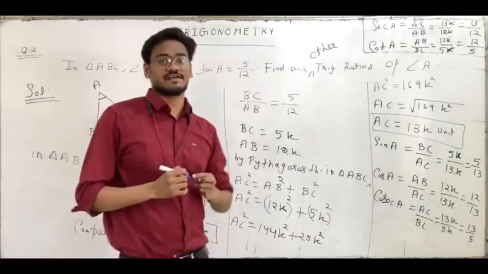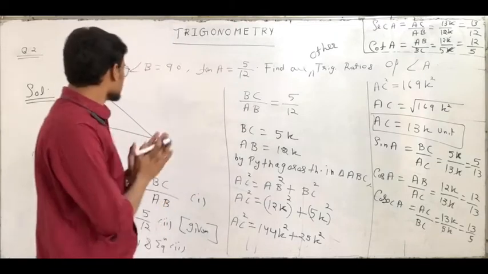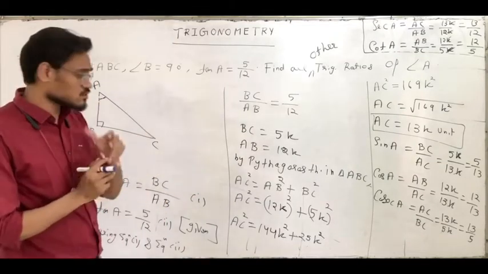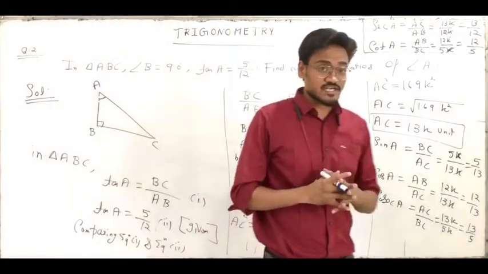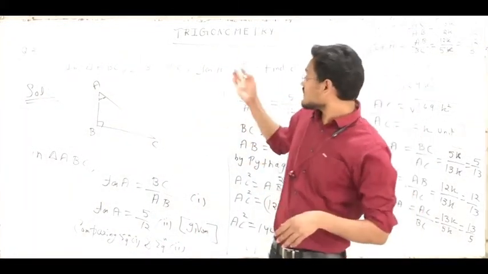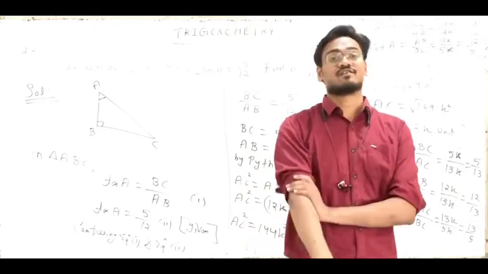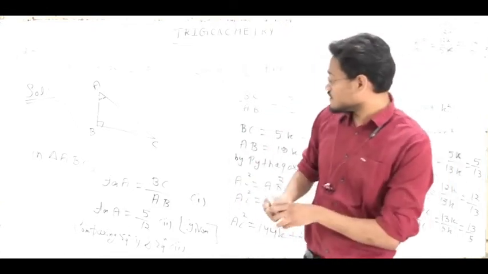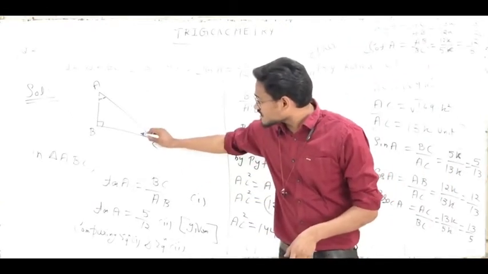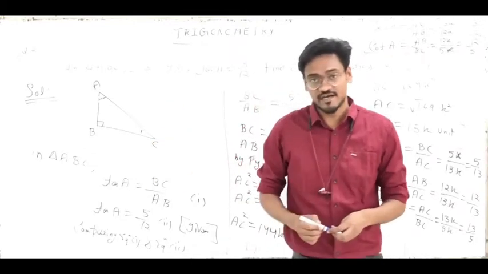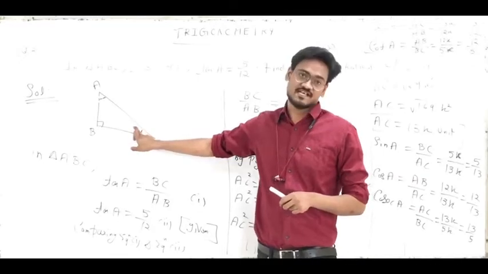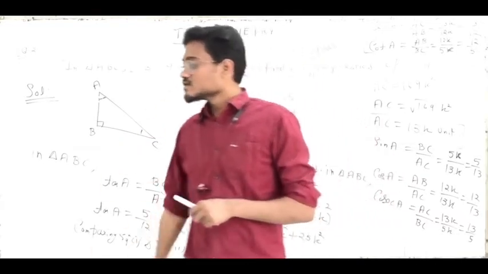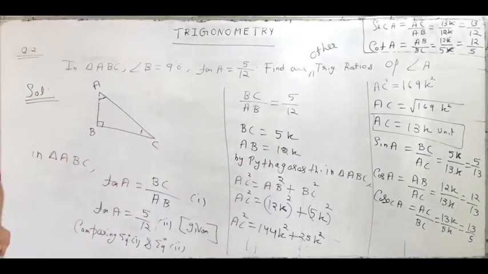You can check. Okay. So this is a very basic question to understand how to calculate all other trigonometric ratios when one trigonometric ratio is given. In a similar way, you can calculate all the trigonometric ratios of angle C. It's up to you. Okay, note it down.